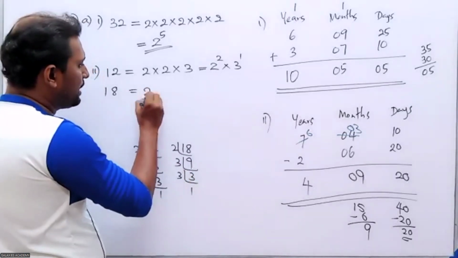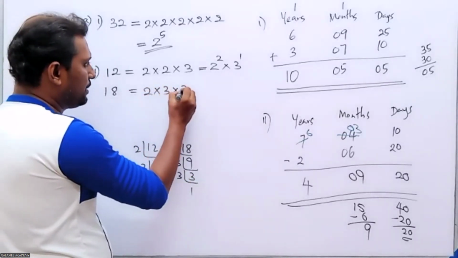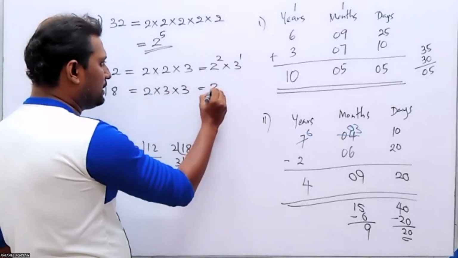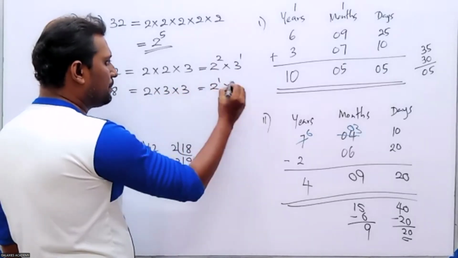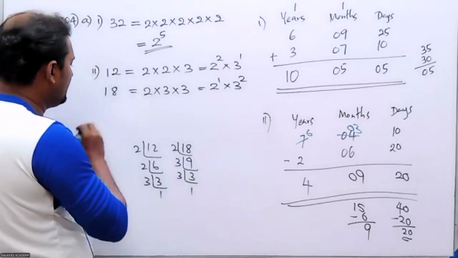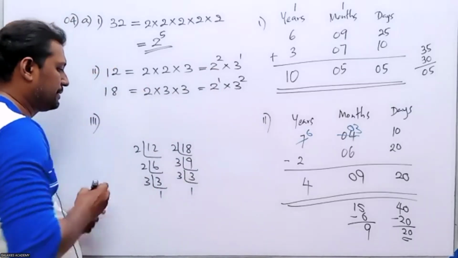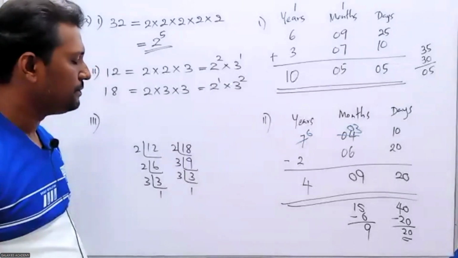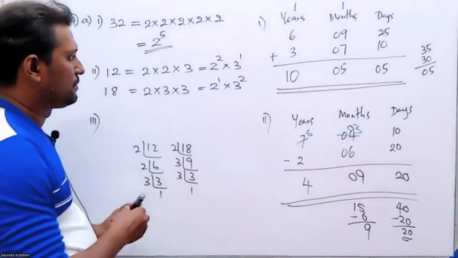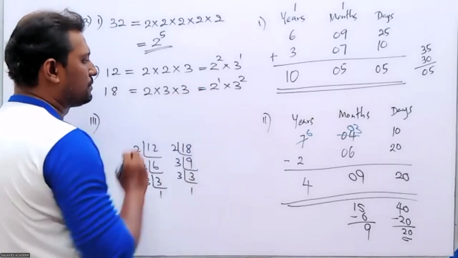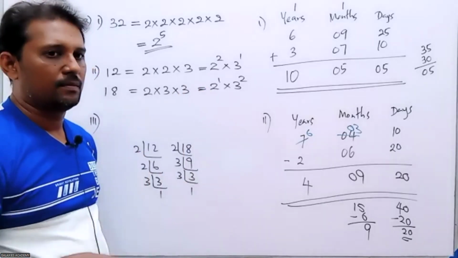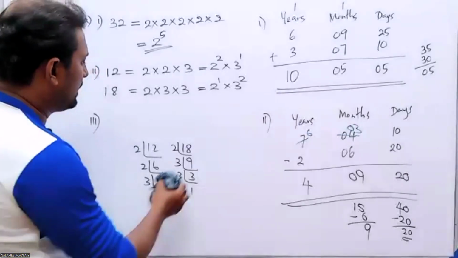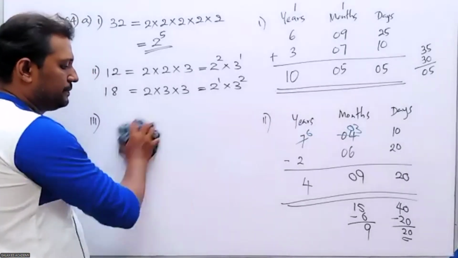So 18 you can write as 2 multiply 3 multiply 3. 2 to the power 1, 3 to the power 2. Right, it is the second part. Then let's go to the third part.